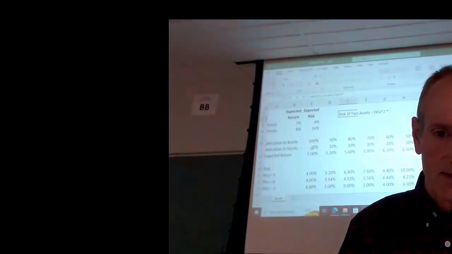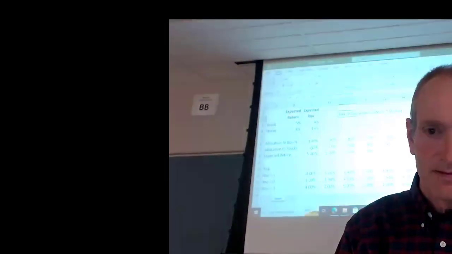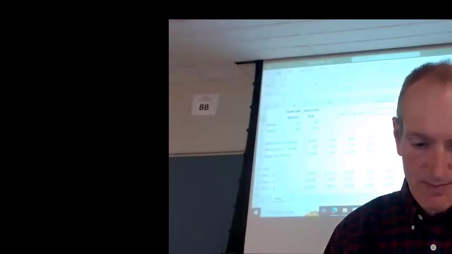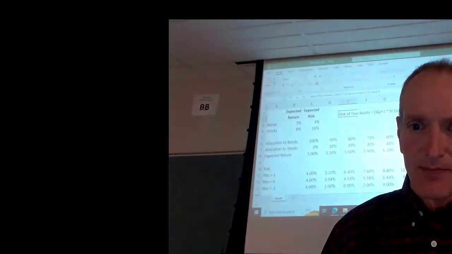No takers? Weight of A squared times the standard deviation of A squared. Plus what? Then it gets real easy. Weight of B squared times the standard deviation of B squared.